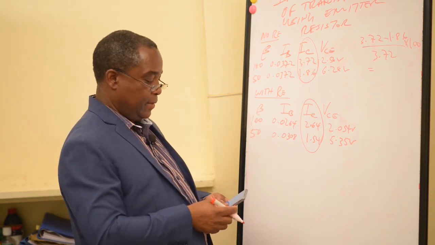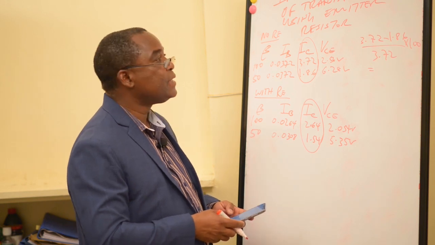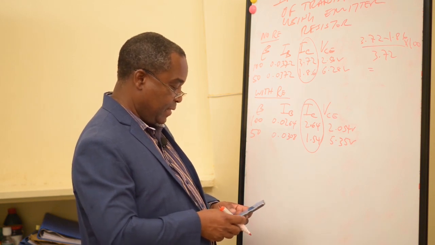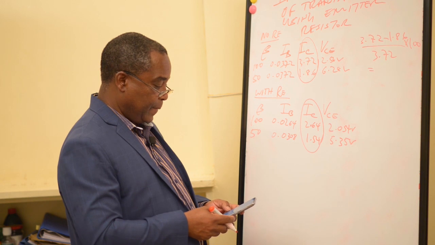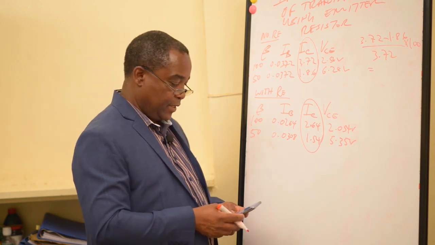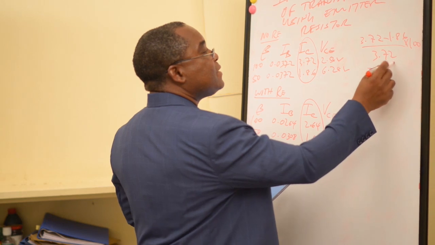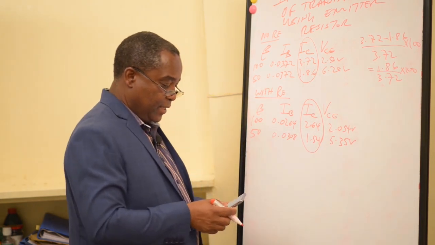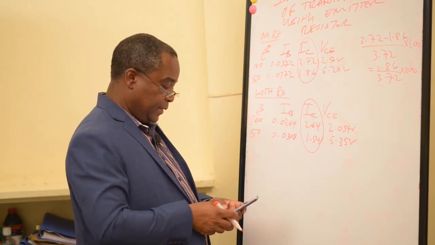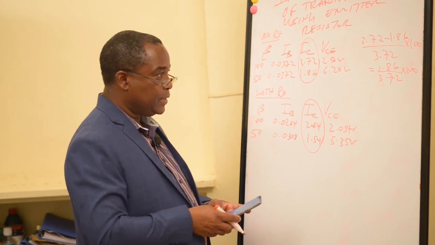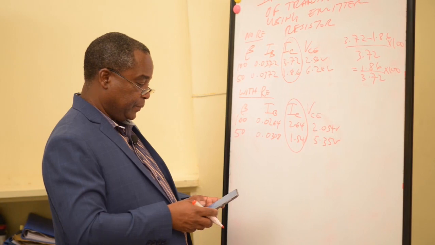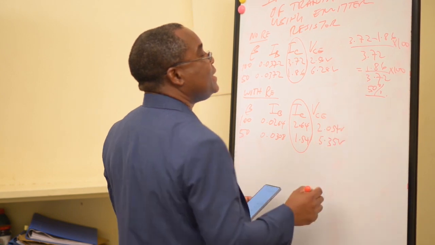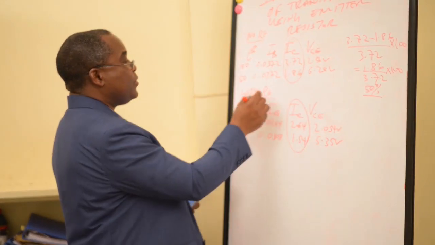When you take 3.72 minus 1.86, we get 1.86 over 3.72 times 100. So when we divide 1.86 by 3.72 times 100, we have 50%. We have 50% here.